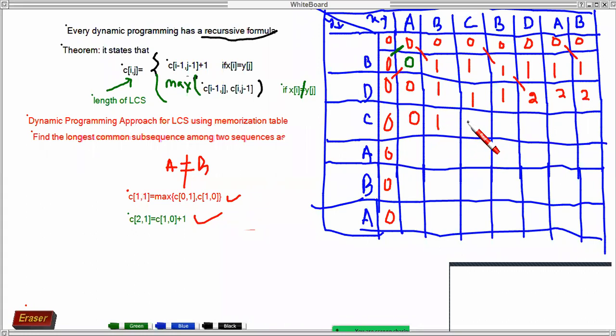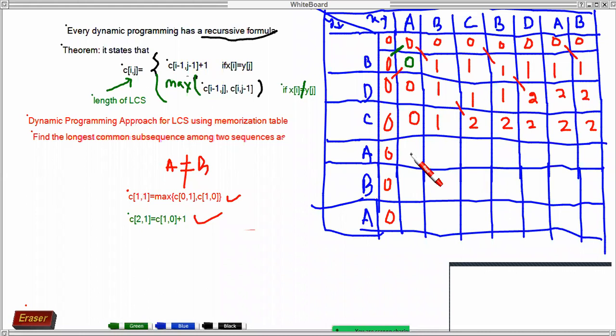Then C and C matching, it will be plus 2. Again this will be 2, then this is 2, this is also 2. Understanding?